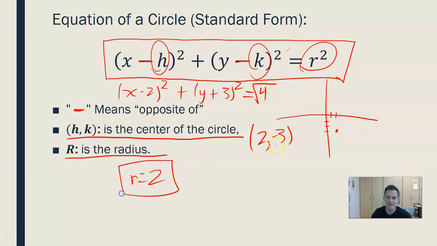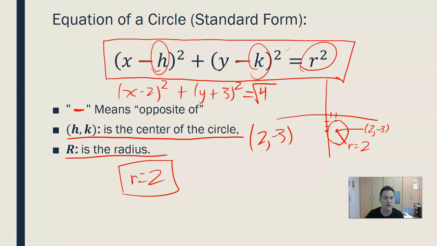So the radius of my circle here would be 2, which means my radius goes 2 in every direction, so my circle would look something like that. That was a really bad drawing, but my circle would look something like that, with a center at (2, negative 3) and with a radius of 2.